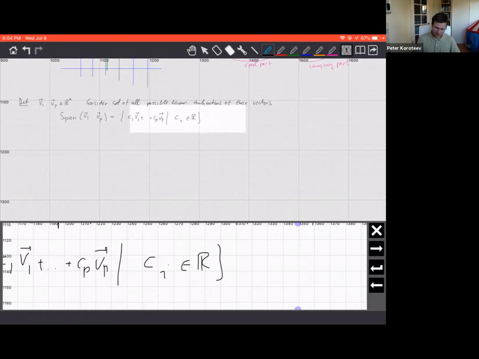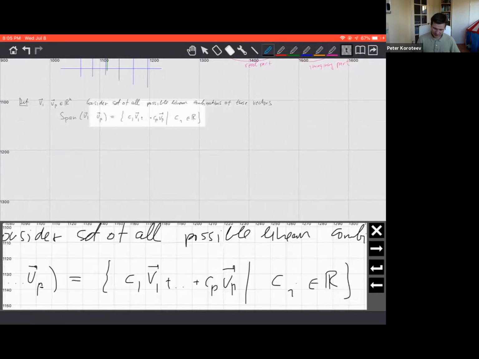So it's all possible linear combinations, including the trivial one. For example, we can take 0 everywhere.